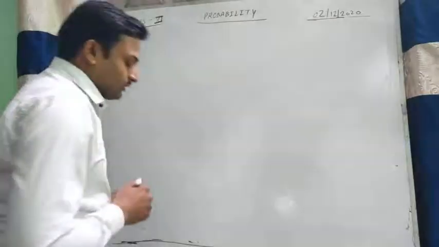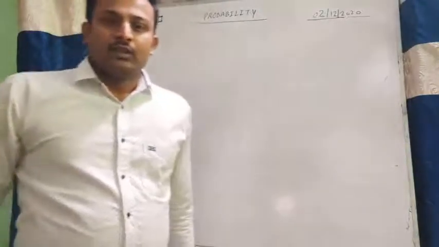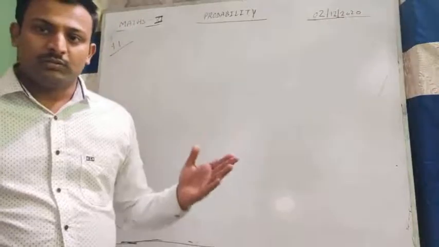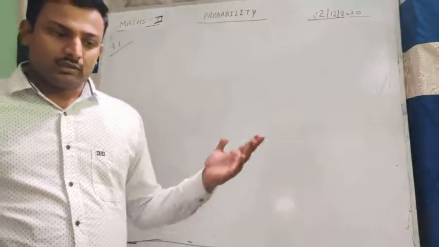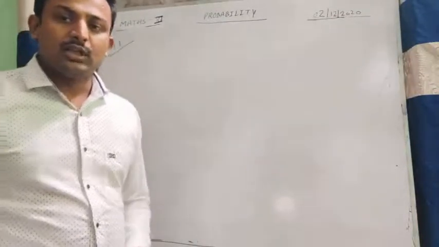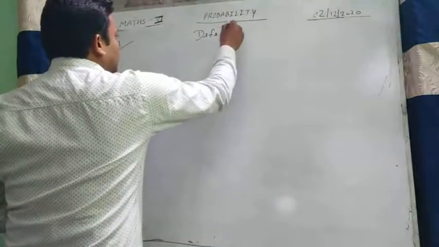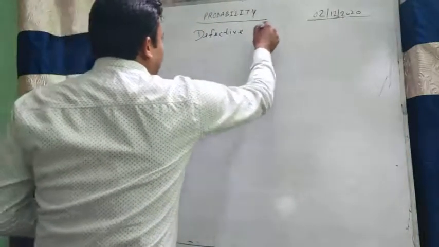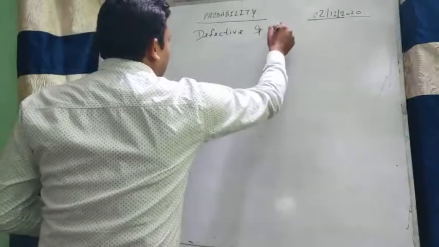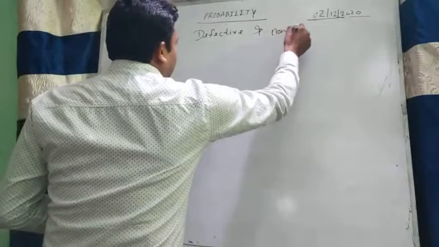In this question, we have a lot of bulbs, and in this lot some are defective and some are non-defective.